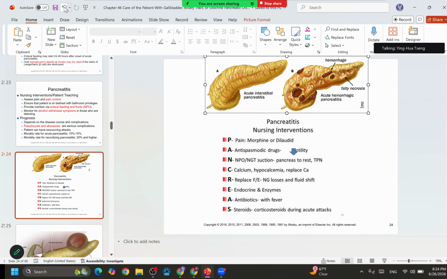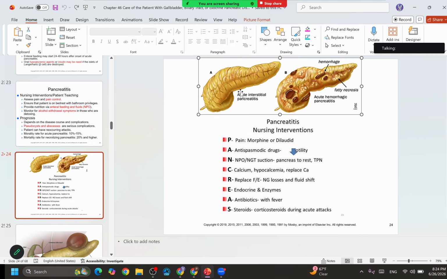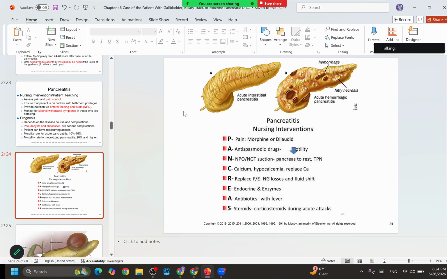Oh, what did I do? Okay, so they are bleeding. This is the reason the patient will become hypotensive. The enzyme will go outside, into the stomach area, the intestine, and the spleen behind the pancreas.